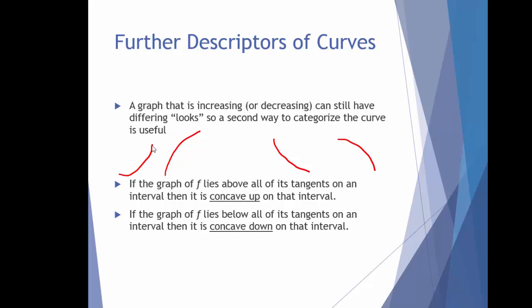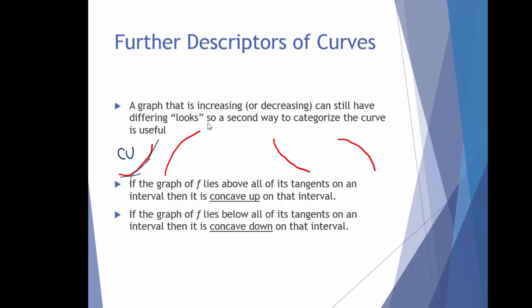So here's what we mean by that. If I take each of these increasing functions and I start looking at the tangent lines, notice this one has a tangent line here at this point, here at this point, here at this point. Notice the function is always above its tangent lines. So this particular one is considered concave up. Now we often abbreviate that as CU, concave up.